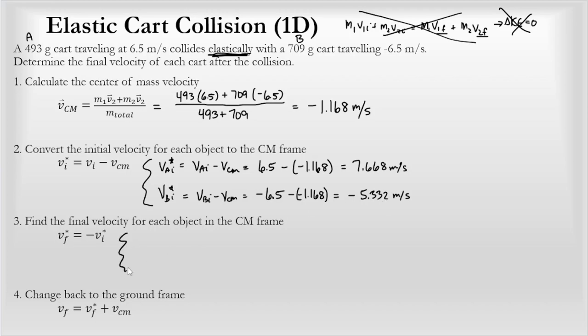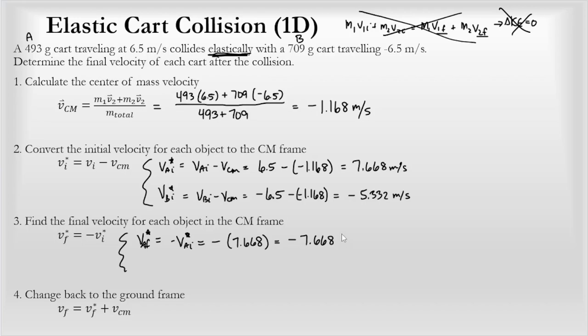Let's find their final velocity. V final for A star equals negative VA initial star. So I'm going to take the negative of 7.668. Sorry, it is not a positive, it is definitely a negative. The negative of a positive is a negative. That makes sense to me.